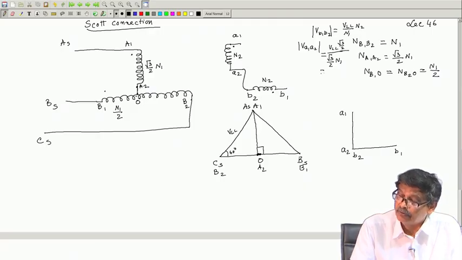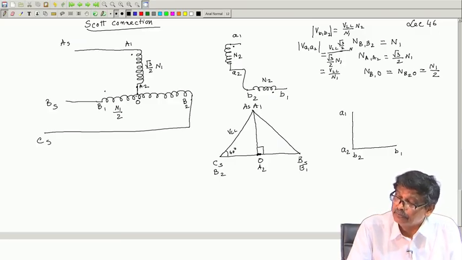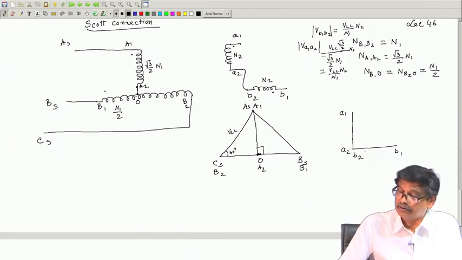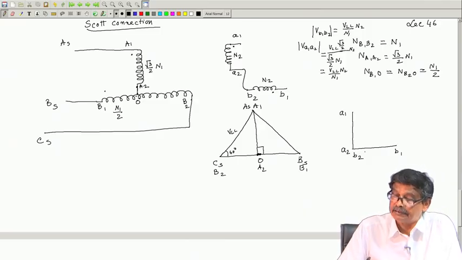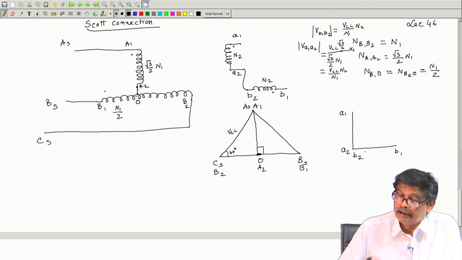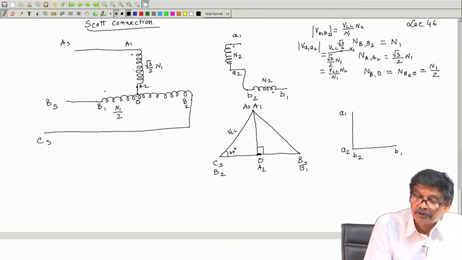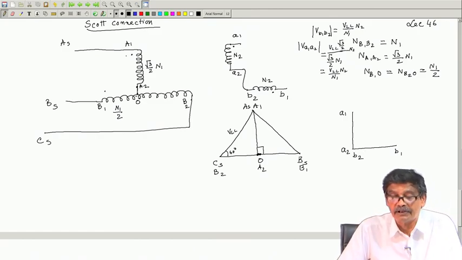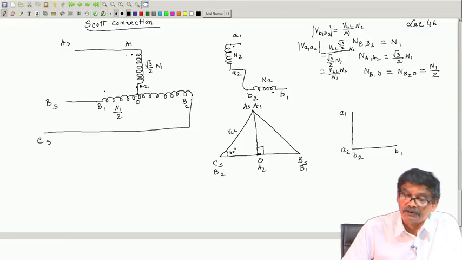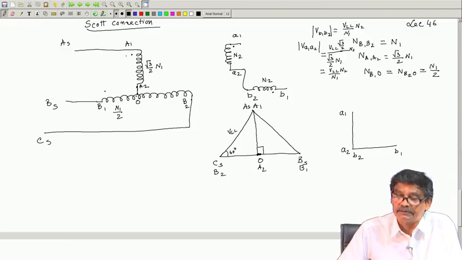And so, that voltage per turn is once again VLL by N1 and this into N2. So, magnitude of the secondary voltages will be same, and that is why you require the number of turns of transformer A to be root 3 by 2 into N1. If you take same N1 turns, voltage per turn will not be same.